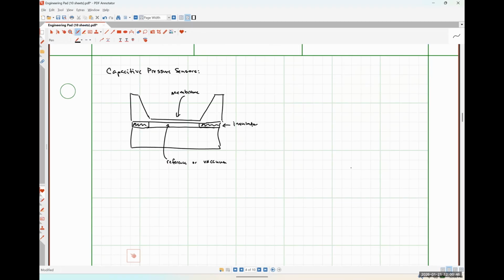Since the diaphragm displacement is going to be non-uniform across the surface, our capacitance isn't going to be as straightforward.